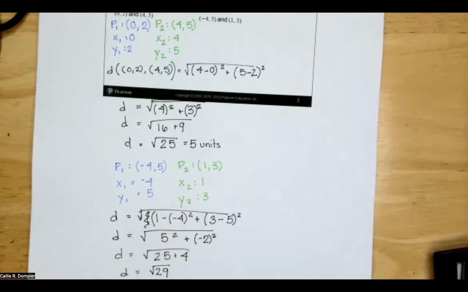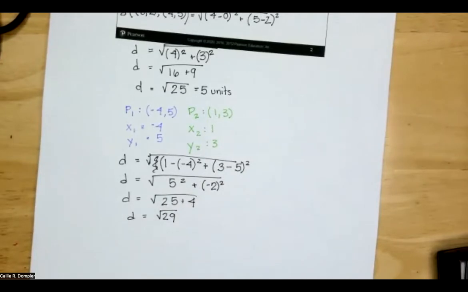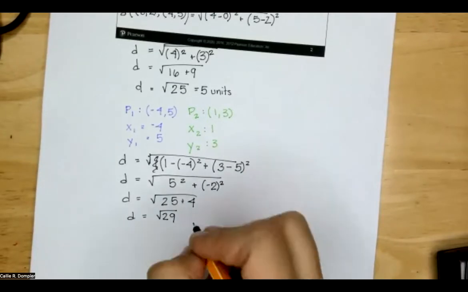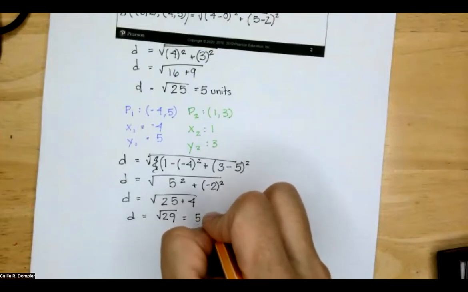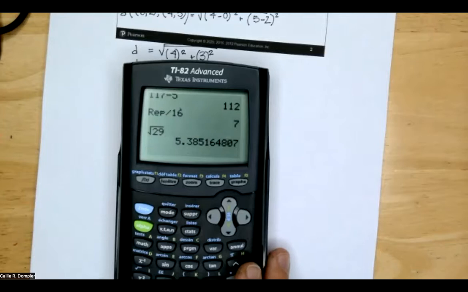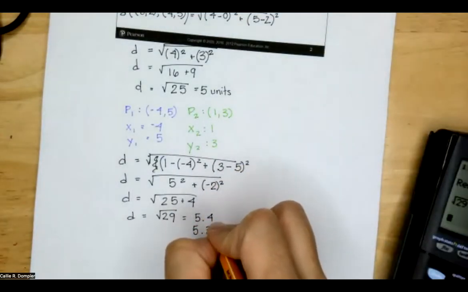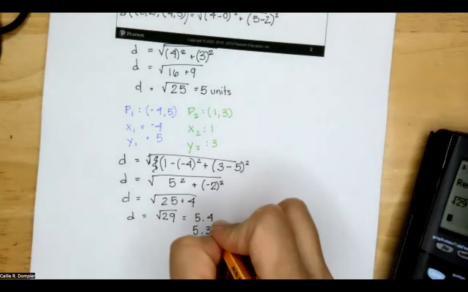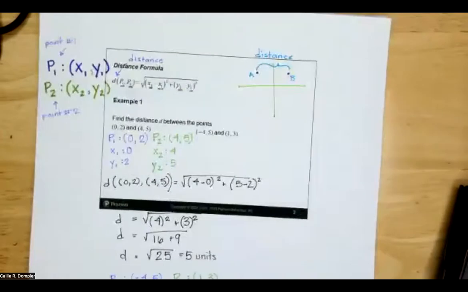This is the simplest form because 29 does not have any factors. Or if they want it as a number without the radical, you could say it's 5.385, or 5.4, depending on how they ask you to write it. Good. So that's how to use the distance formula.